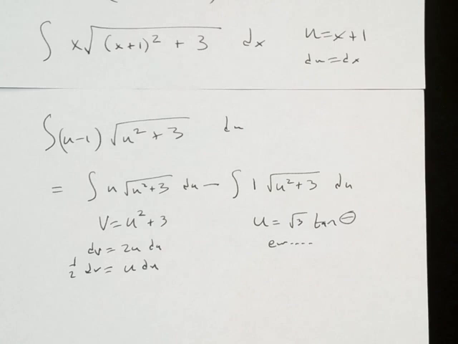I went to my table. Look for u squared plus a squared under a square root in our table, and lo and behold, that's right at the beginning of our table.